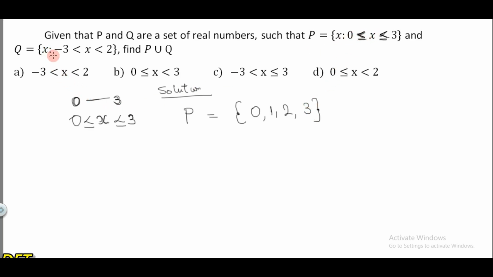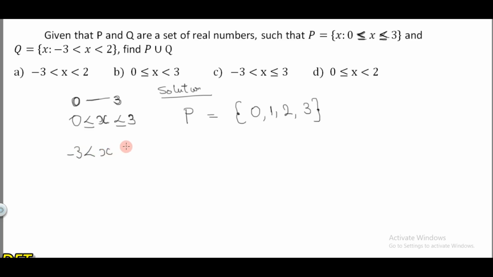Then for Q, we are given that X is greater than minus 3 and X is less than 2. So for Q, we are given that X is greater than minus 3. That means X is bigger than minus 3, right?